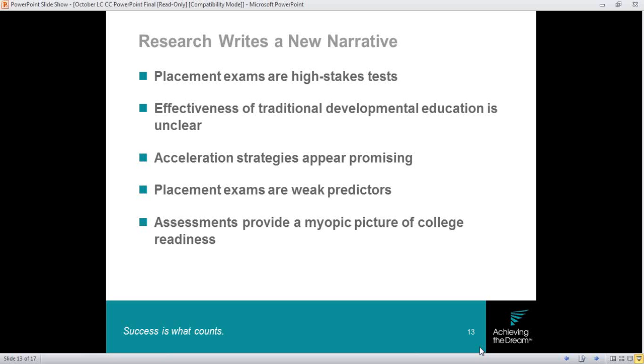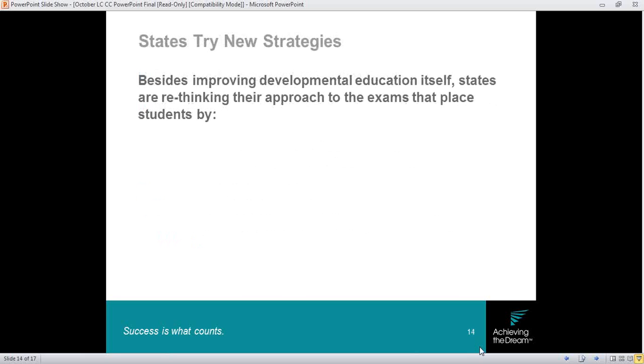So when taken together, these five elements make us wonder, how do we measure whether students are ready? How much stock do we put in these tests? And how do we best serve these students? It's somewhat up for grabs. A lot of different approaches are being tried, and there are three main categories of strategies, which we'll start on the next slide.